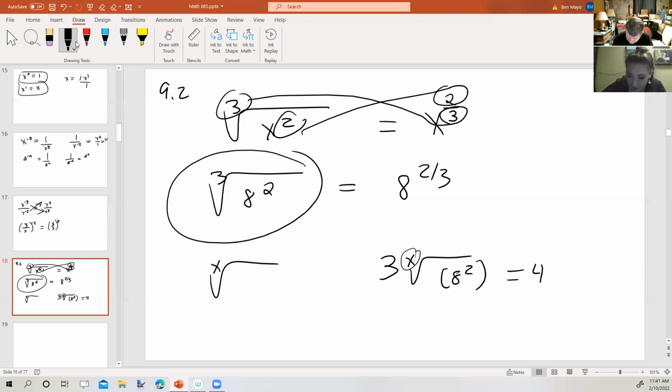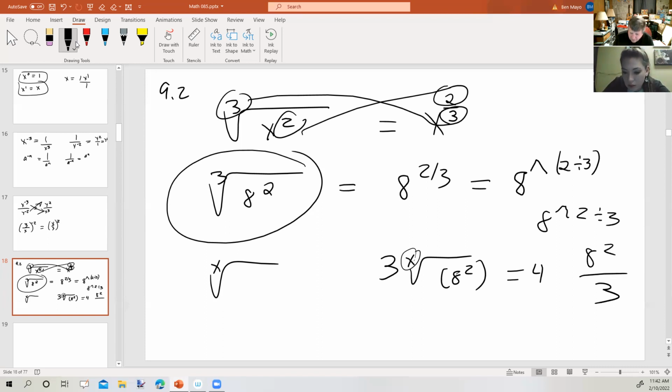Focus, focus. All right, let's see. Yes, now keep in mind, it's not 8 times 2/3, it's 8 to the 2/3 power. How do we put this in our calculator? We put in an 8, we use the little caret key. This next step is very critical. You've got to put parentheses around the fraction exponent, because if you don't, your calculator thinks you mean 8 squared divided by 3.